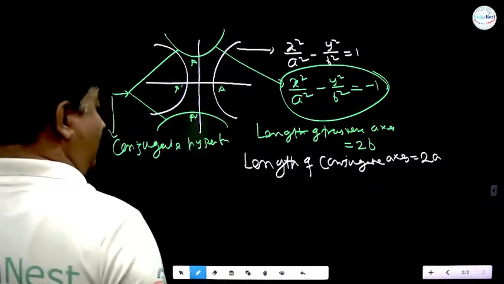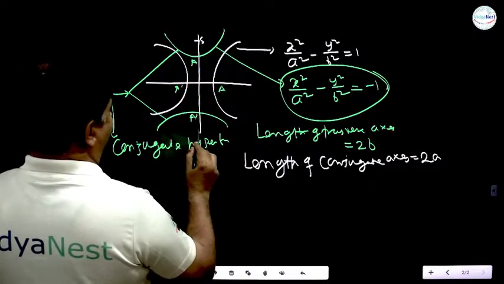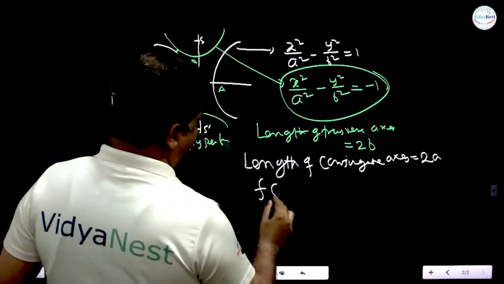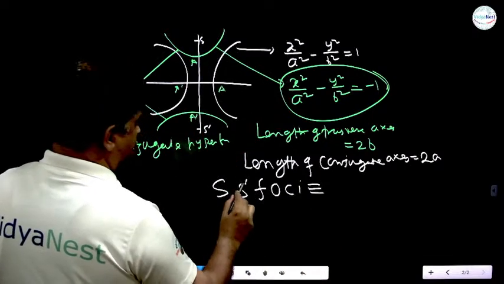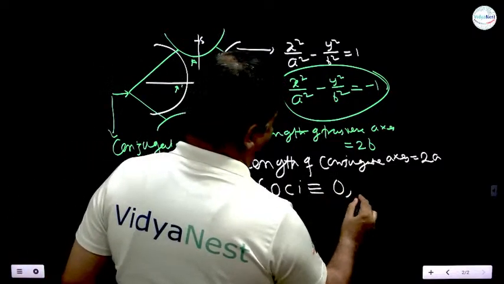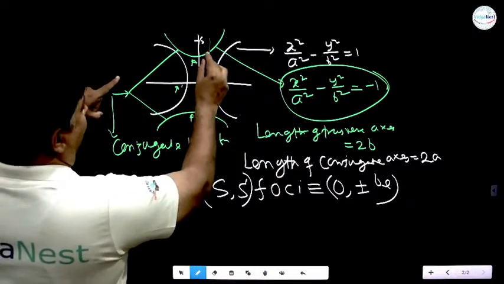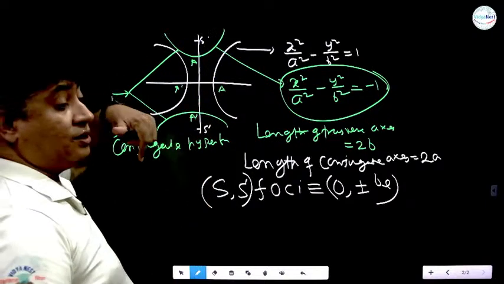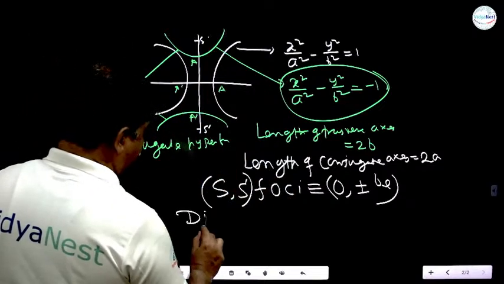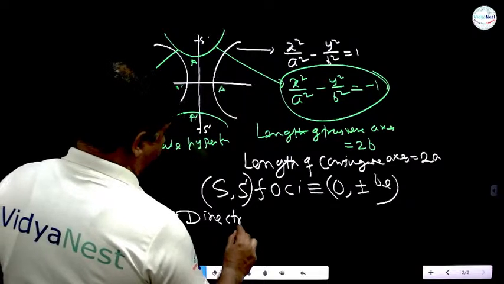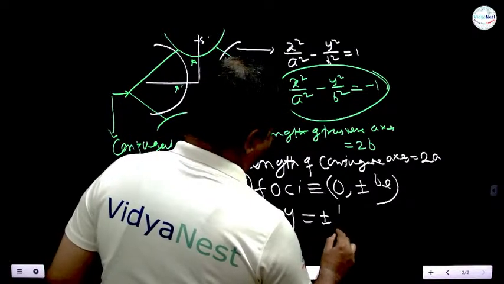Now the foci are 0, plus minus b. Earlier the directrix was x equal to plus minus a by e. Now the directrix is y equal to plus minus b by e.